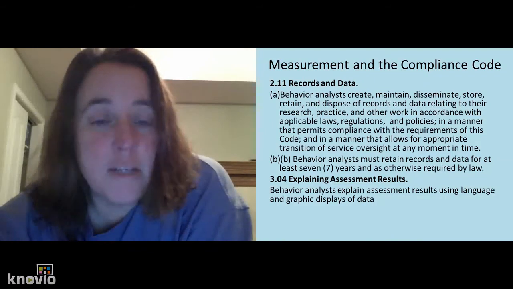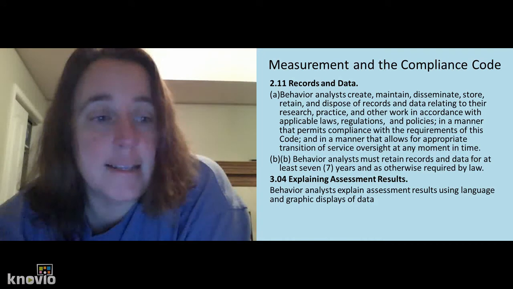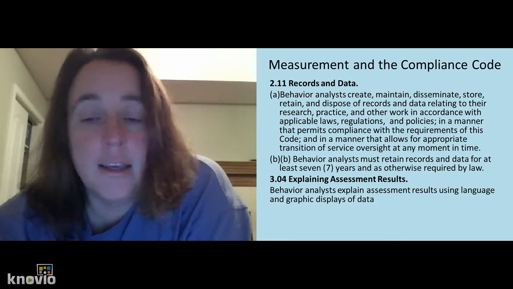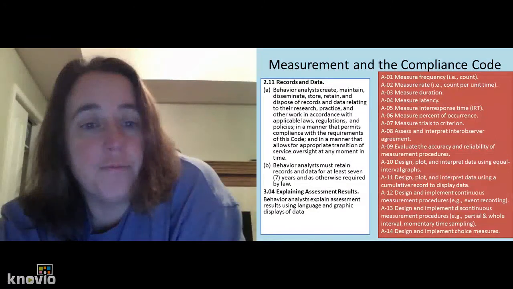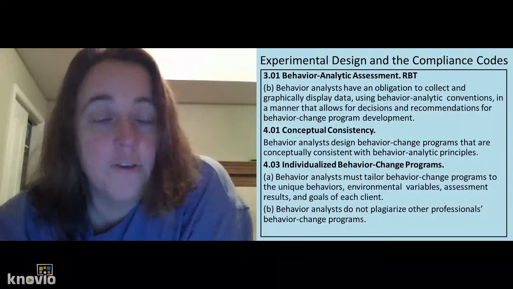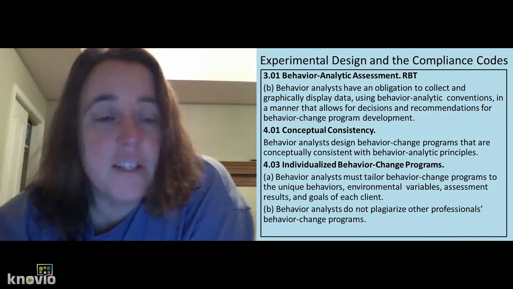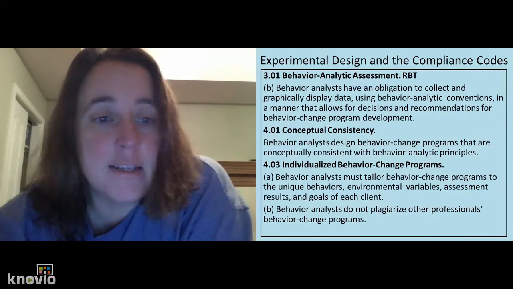So the measurement section of the task list relates to records and data and explaining assessment results in the compliance codes. Here it is lined up next to each other. For experimental design, the professional and ethical compliance codes that line up are behavior analytic assessment, conceptual consistency, and individual behavior change programs.